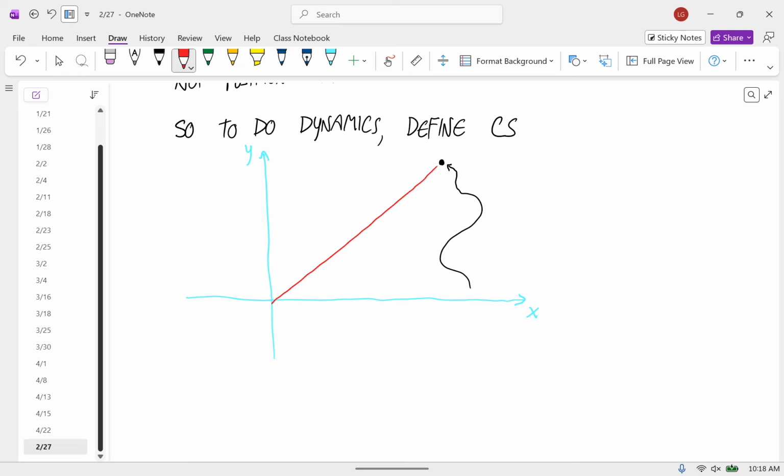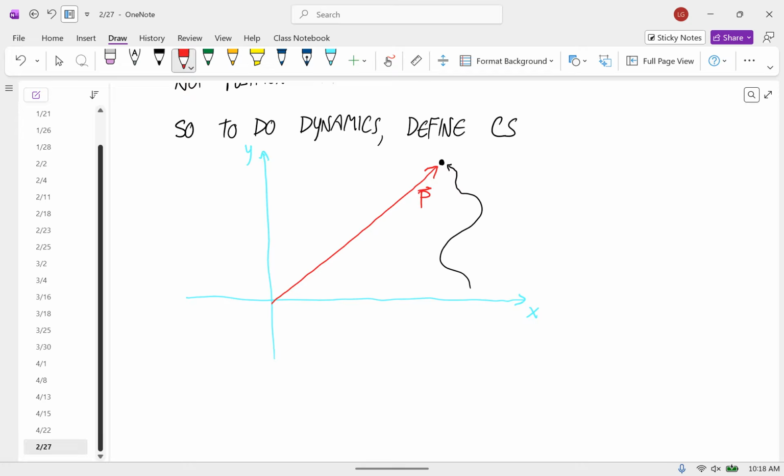This is the position vector. But what's our coordinate system? In order to define the components of that position vector, we need a coordinate system.